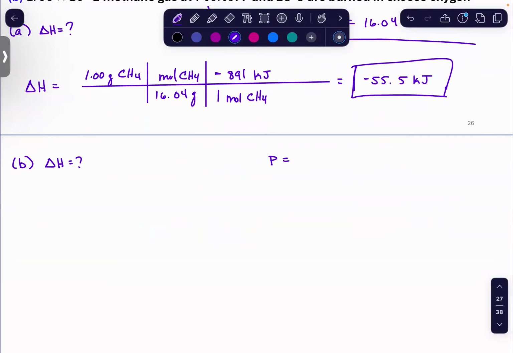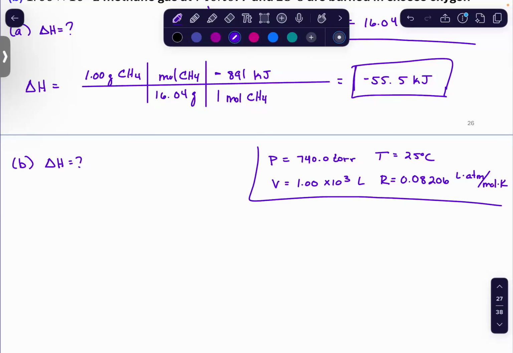Okay, so pressure, 740 torr, temperature, 25 degrees C, volume, 10 to the third liters, and then R, because it's a gas calculation, 0.08206 liter atmospheres per mole kelvin.